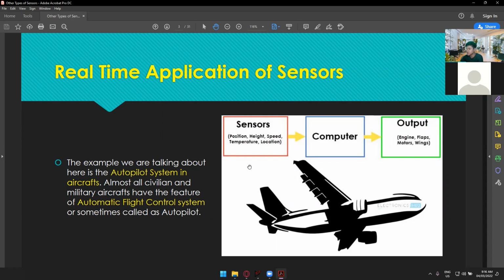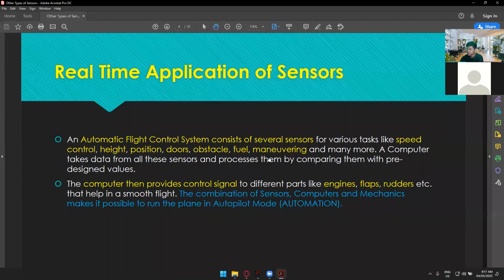Basically we have the sensors right here where you see the inputs, and the inputs will be processed by the computer. Then of course it will provide a certain output, which could go to the engine, the flaps, the motors, or the wings. So let's go further into this automatic flight control system.